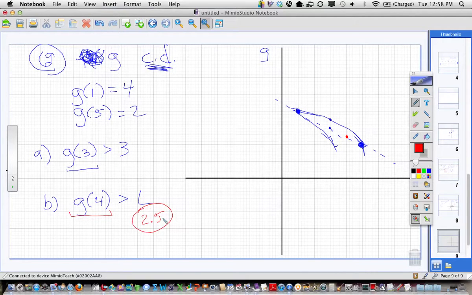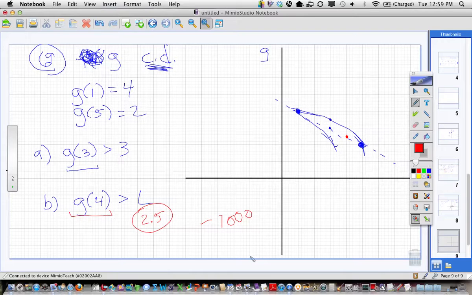Now, is that your only possible answer, though? What else would work? What else would work for L here? Negative 1,000? Anything below 2.5 would work. It says find a number L such that the y value at 4 is always bigger than that. Well, we just found the absolute biggest it could be is right there at 2.5.